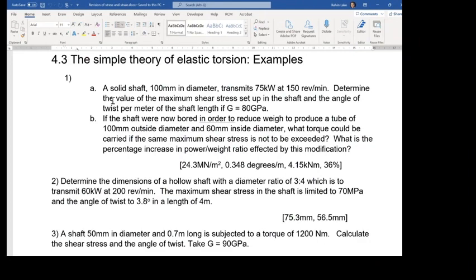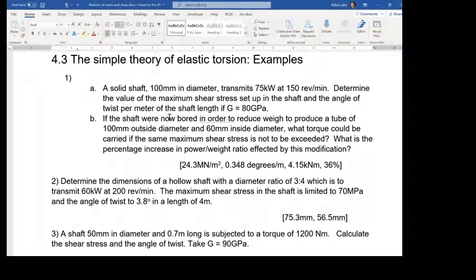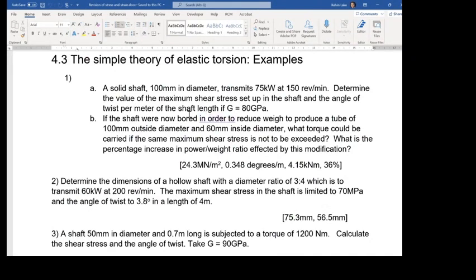Part B. If the shaft were now bored in order to reduce weight to produce a tube of 100 millimeters outside diameter and 60 millimeters inside diameter, what torque could be carried if the same maximum shear stress is not to be exceeded? What is the percentage increase in power to weight ratio effected by this modification?